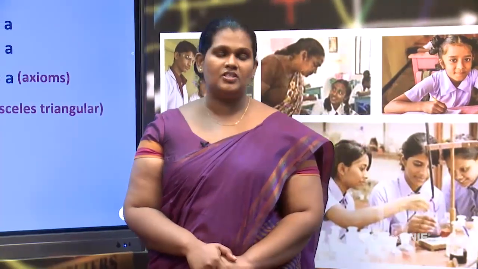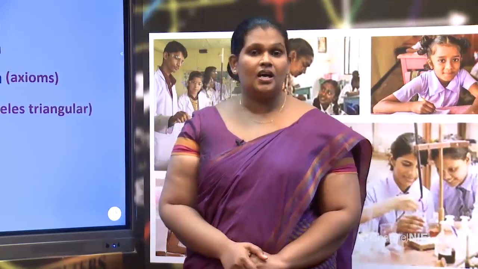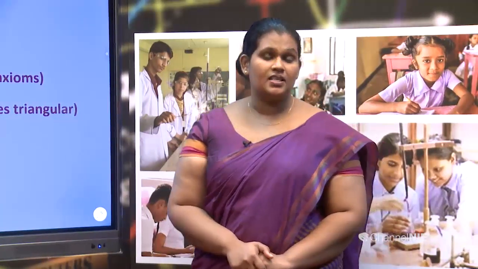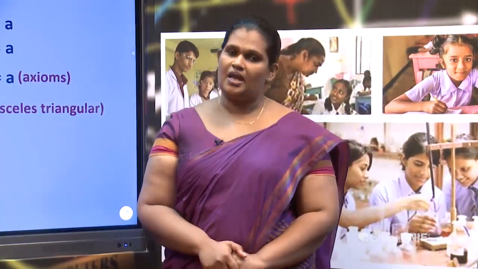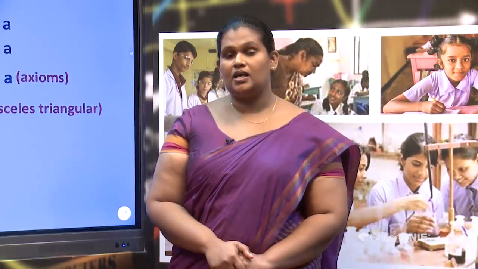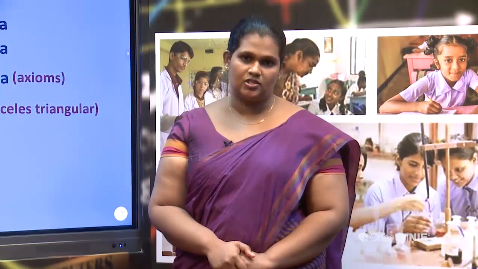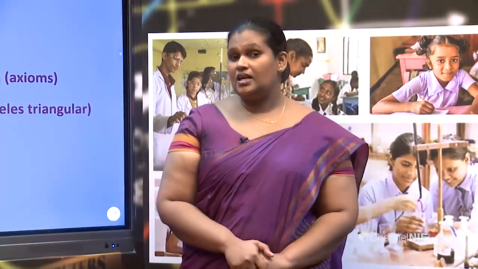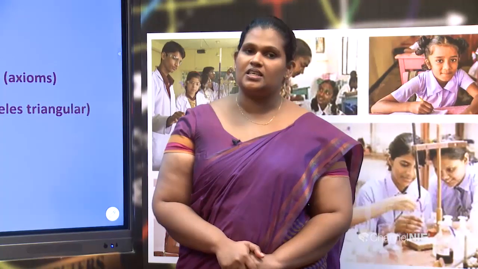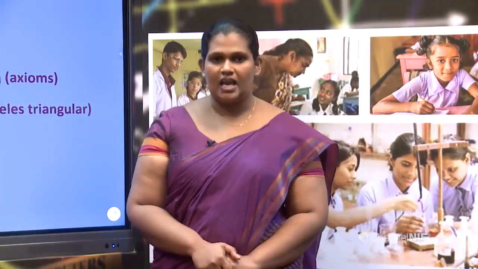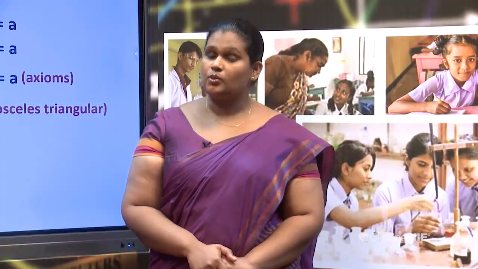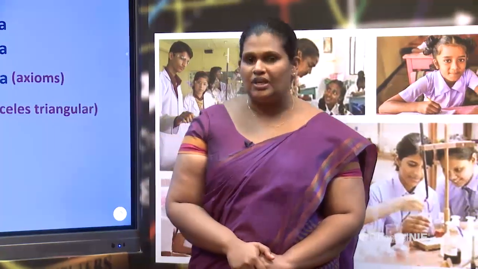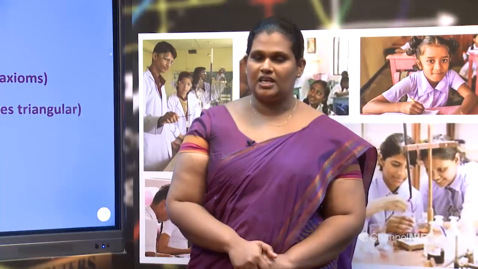Secondly, the angles in the same segment are equal in magnitude. Finally, the third theorem was the angles in a semicircle are equal to 90 degrees. So, today we have done questions related to those 3 theorems and some proofs as well.